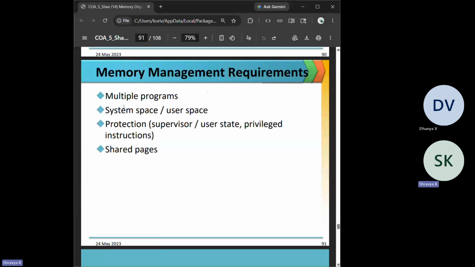The kernel can only access a specific space, and the user cannot access the system space. So there needs to be a boundary between that, and there needs to be proper protection. There needs to be different states, like supervisor or user states, and there needs to be privileged instructions to keep your system protected, right?